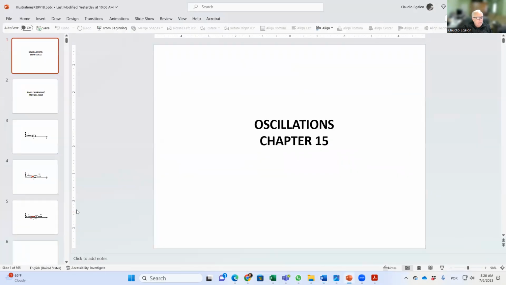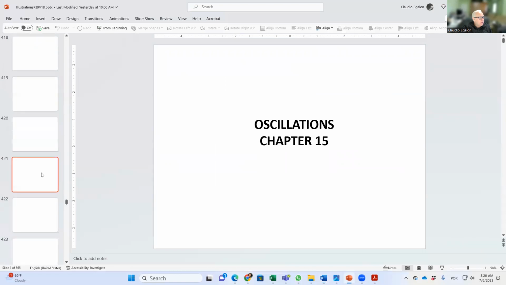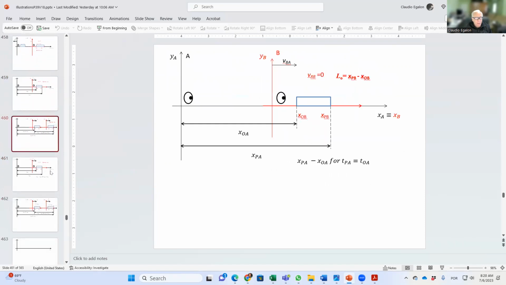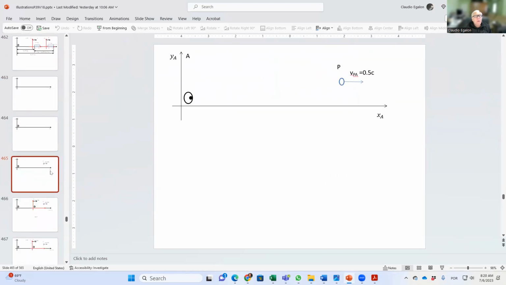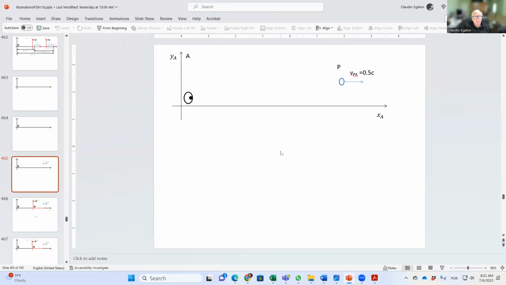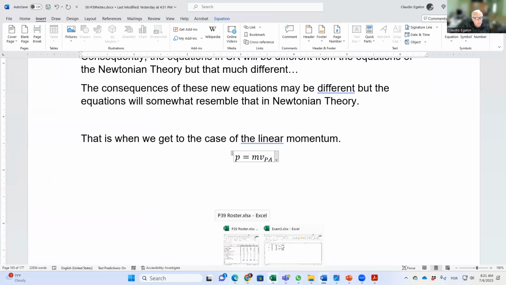of the particle. Let me do the illustration here. So here you go. You are here in your referential A. You're observing this point particle P, and it's moving, doesn't matter what the velocity is. So the question is, what is going to be the linear momentum of this particle in special relativity?